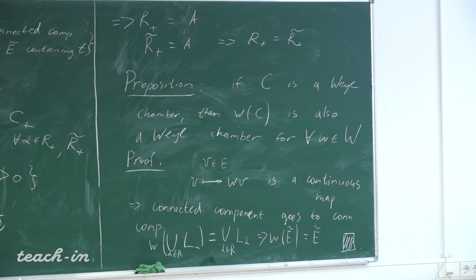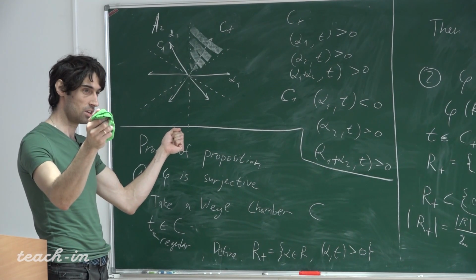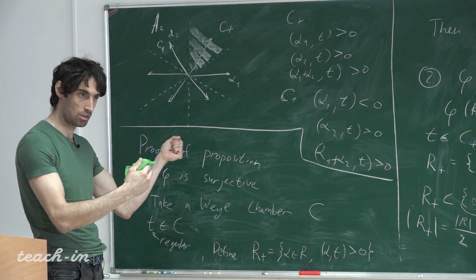So we would like to see now that this action is actually transitive. Okay, so every Weyl chamber can be connected to some other Weyl chamber by the action of the Weyl group.